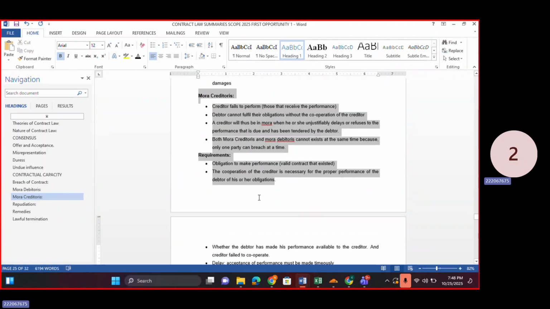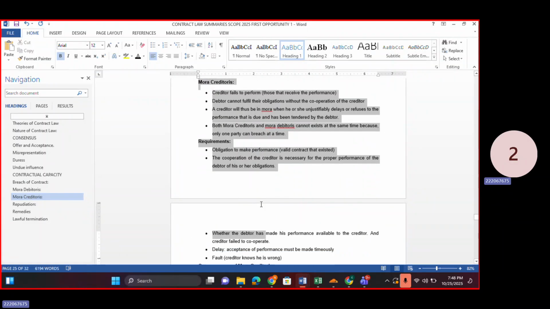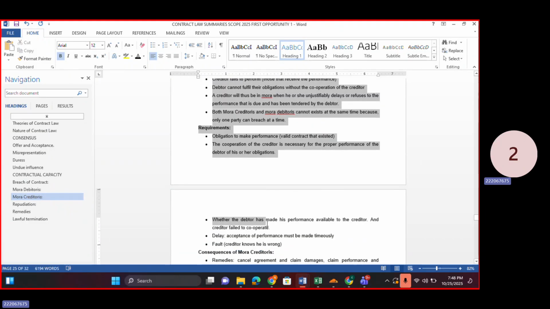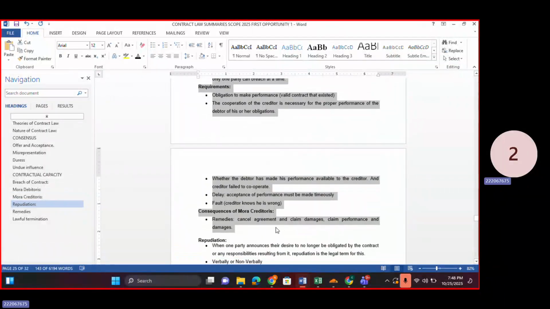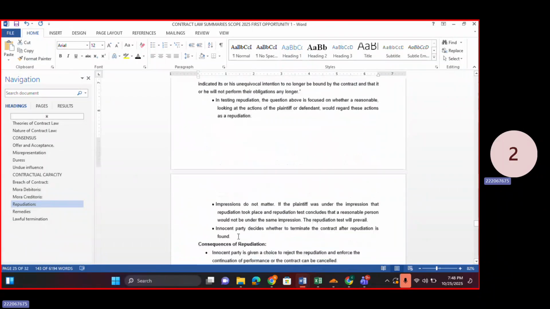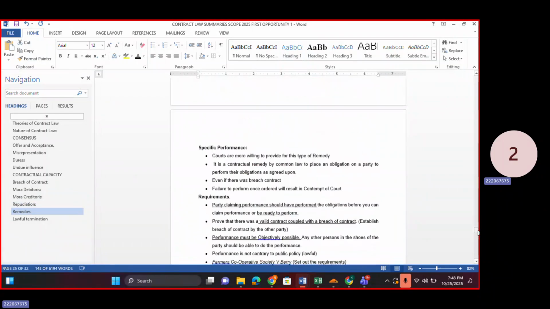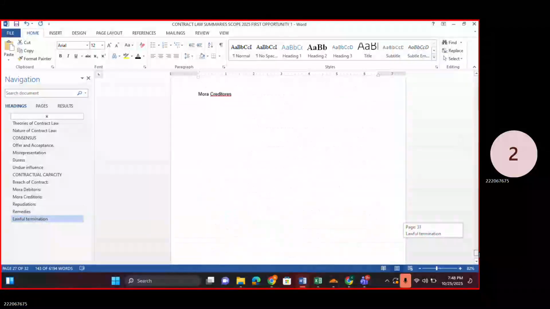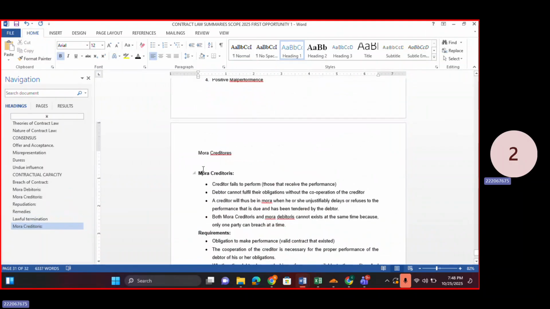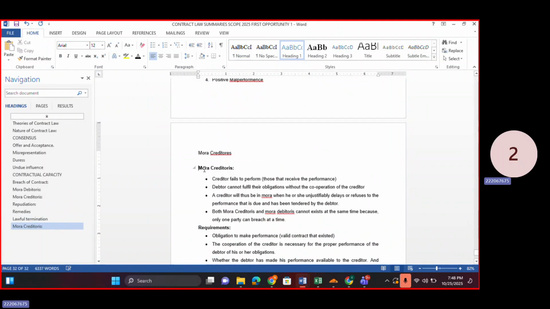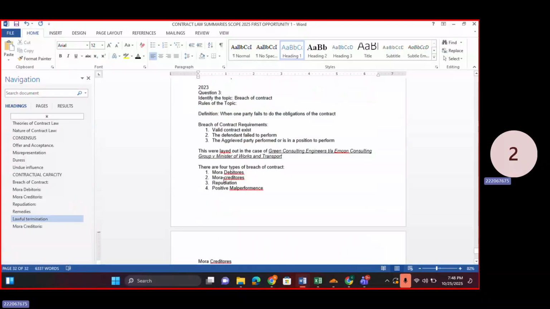A creditor will thus be in mora when he or she unjustly delays or refuses to accept that which is due and has been tendered by the debtor. Both mora creditoris and mora debitoris cannot exist at the same time, and you talk about the consequences and the remedies that you can ask for. Just write as many items as you remember.